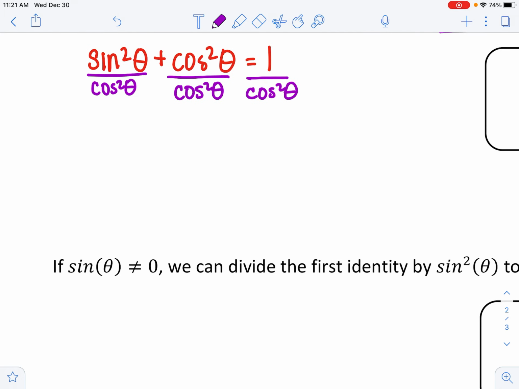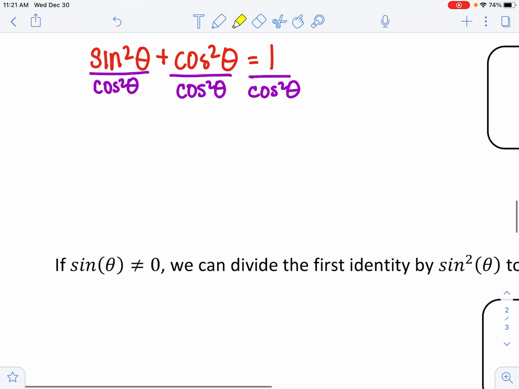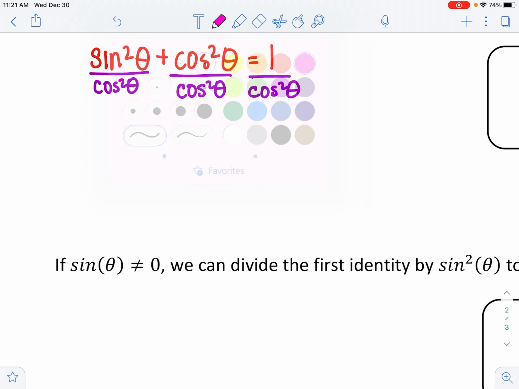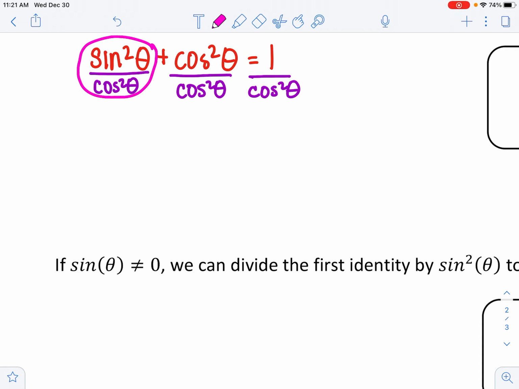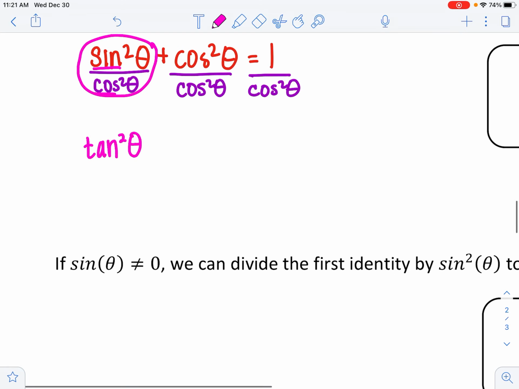Now, obviously, this is simplifiable. What can I change sine squared over cosine squared to? And if you're like, I don't know, what can I change sine over cosine to? Tangent. Now it's squared, so make sure you're changing it to tangent squared of theta. Plus, what can I change cosine squared over cosine squared to? Anything over itself is 1, equals.